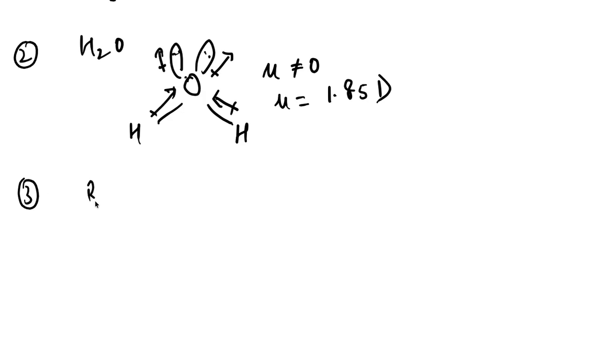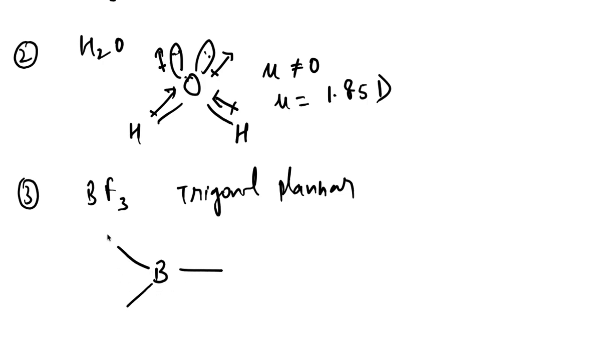Let's say BF3. The shape of BF3 is trigonal planar. What is the shape of trigonal planar? It's basically like this, each atom is present at 120 degrees.